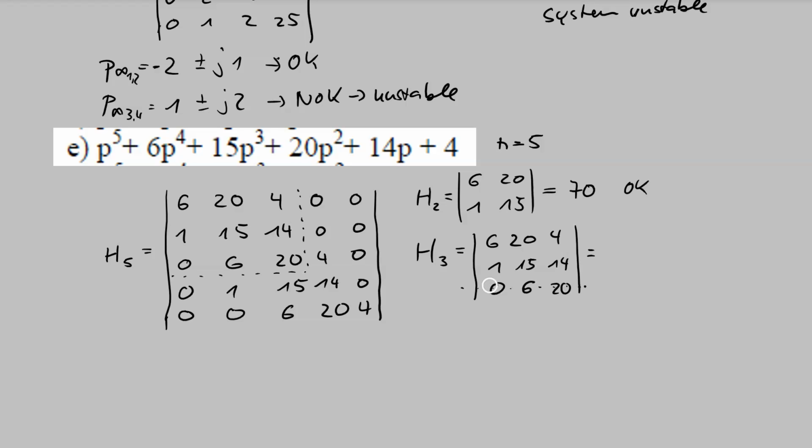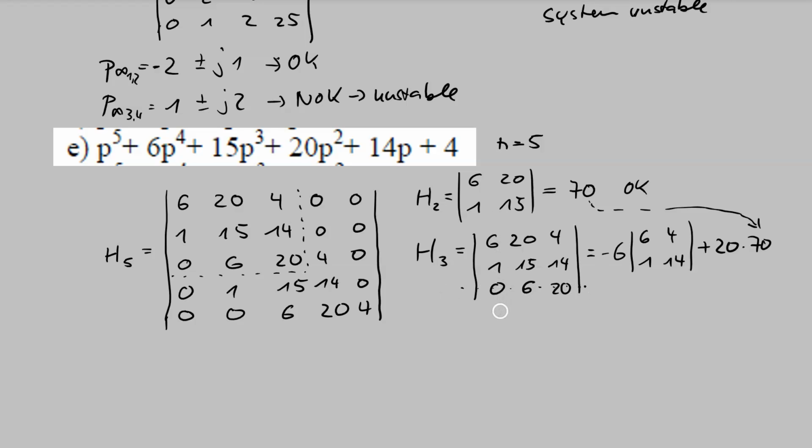So I have 0 times this determinant, which I leave out, minus 6 times the subdeterminant 6, 1, 4, 14, plus 20 times H2, and H2 is known as 70. That's the advantage of developing along this row.